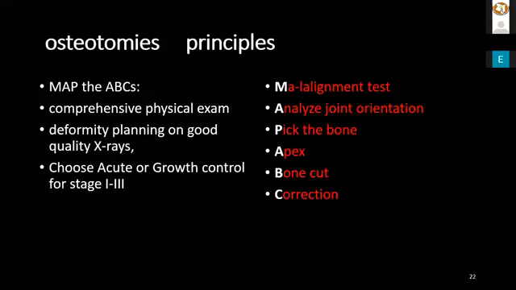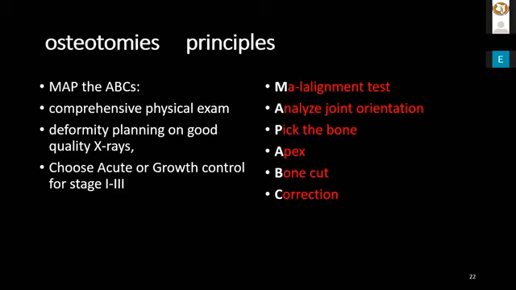Osteotomies are the gold standard for stage 4 to stage 6. The principles include, of course, the MAP, that's an eponym, sorry, a comprehensive physical examination, as we have said, and deformity planning on good quality X-rays, from the hip all the way to the ankle.